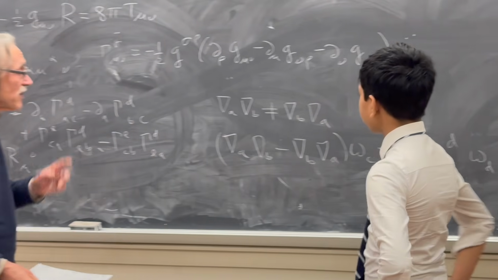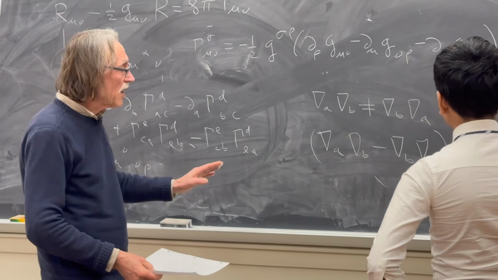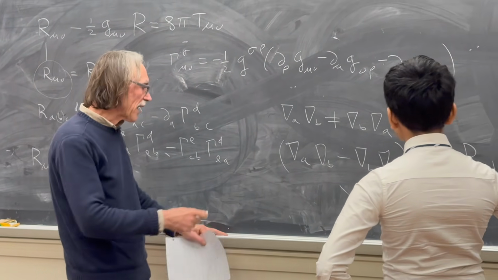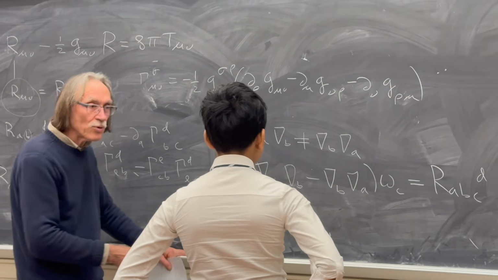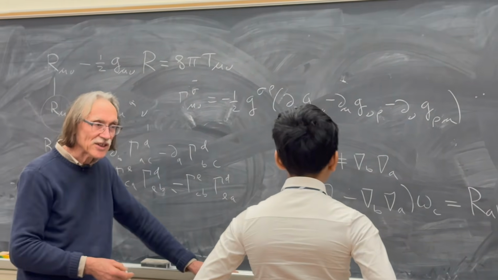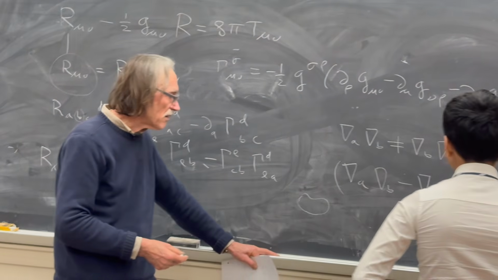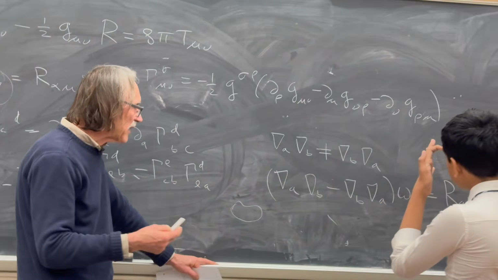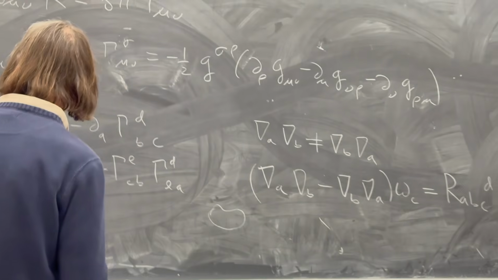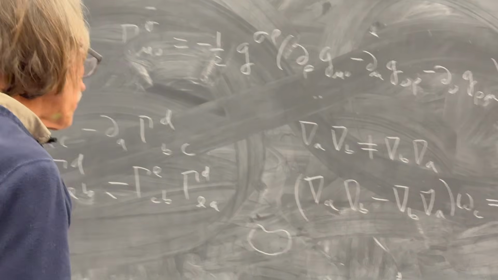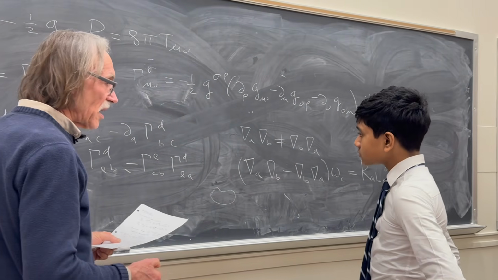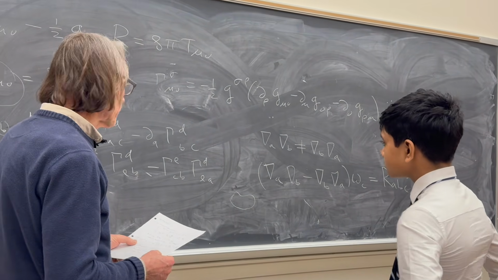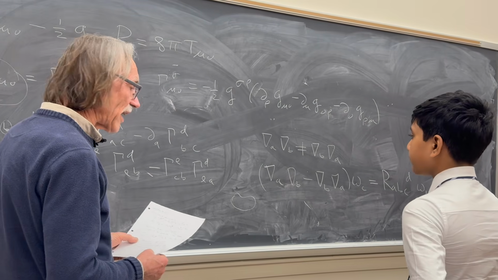So that's the definition of the Riemann tensor. Last time we looked at an infinitesimal loop and looked at how a vector changes, and by expanding that you find this expression, so we kind of derived the Riemann tensor last time.